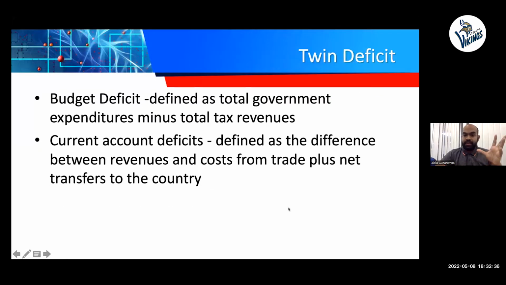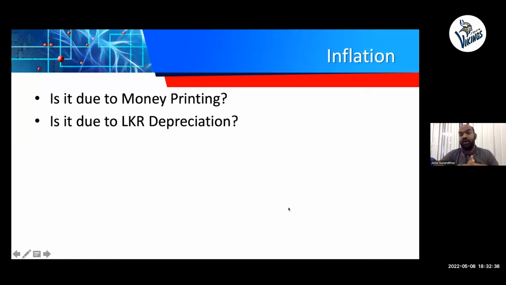Now, the twin deficit I explained, and now the inflation is rising prices, and people felt the inflation a lot. So I would say this is why the general public got together, because economists knew this issue, people who knew a bit of economics, but the general public felt these issues. The economic policies were not the best.